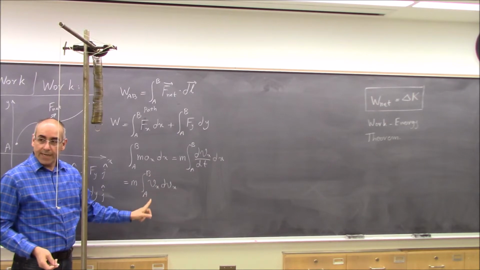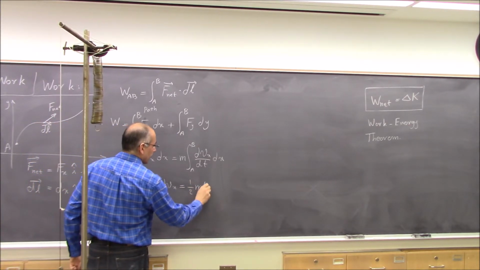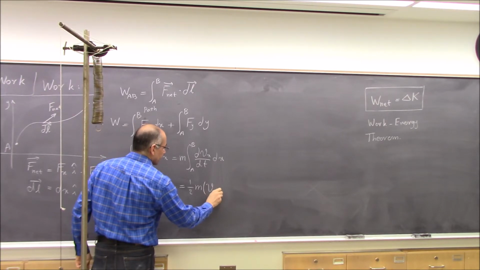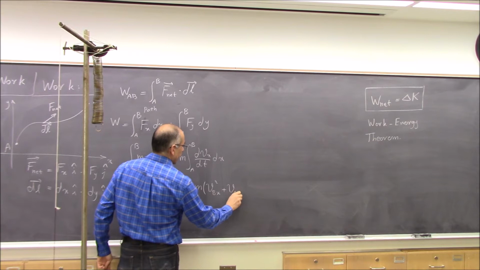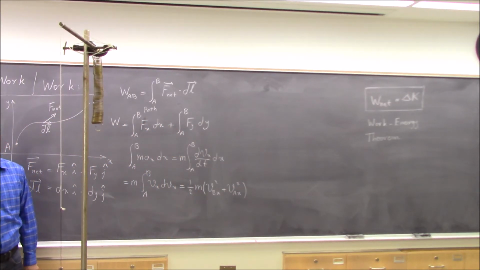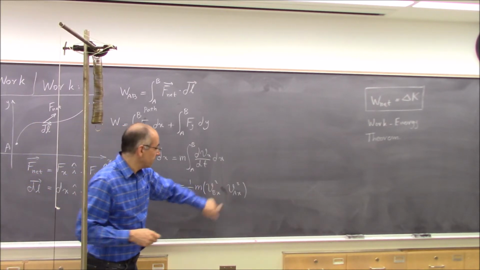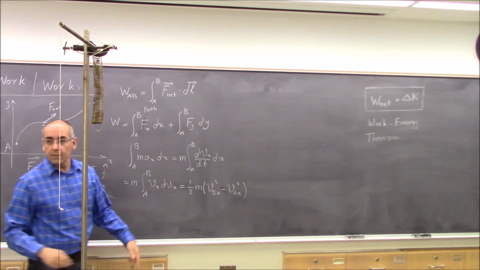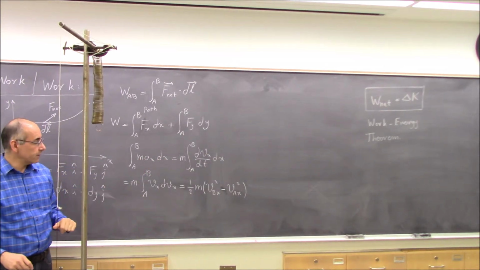But put b and a, so it becomes 1/2 m times vbx squared minus vax squared, right? As you put a and b, you're talking about only the x components. Putting the upper limit minus the lower limit, that's how we do an integral.